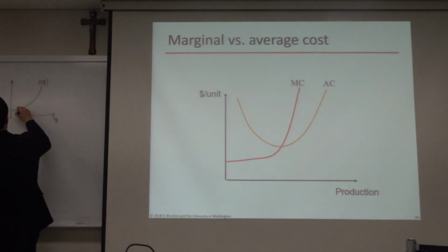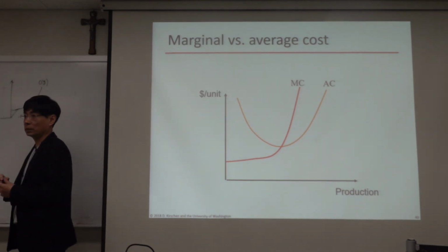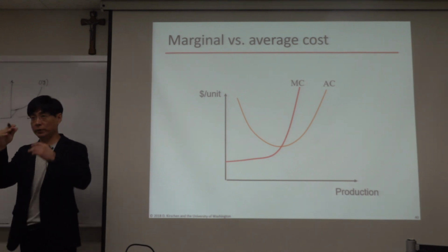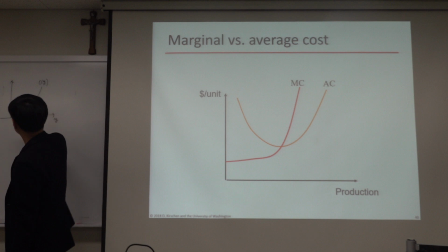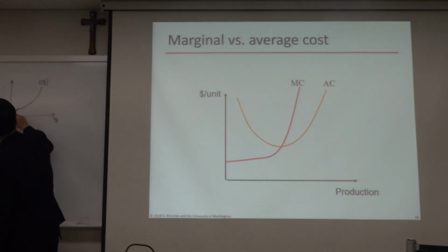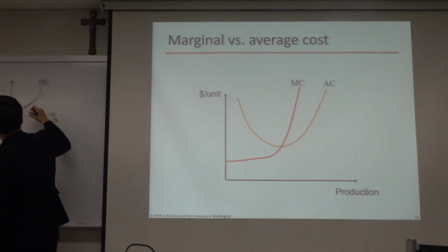At this point, this slope is the average cost, and the tangent line here is the marginal cost. So at each point, you can visualize the average cost and the marginal cost. Let's say this is y star.